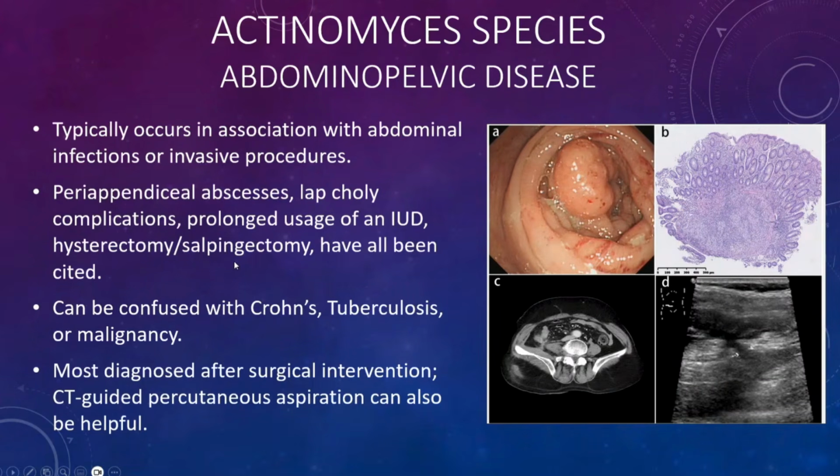Those have all been potential factors of abdominal pelvic Actinomyces. The progression of the disease can resemble inflammatory bowel disease, abdominal pelvic tuberculosis, or malignancy. Most of these cases are diagnosed after a surgical procedure where tissue is examined, but a CT-guided percutaneous aspiration can also be helpful.